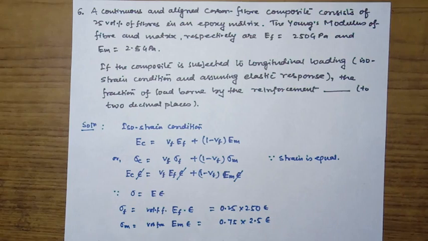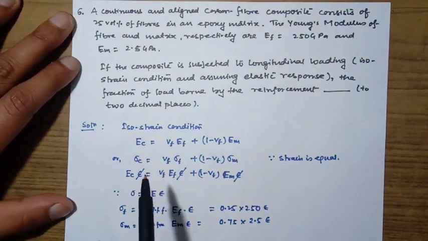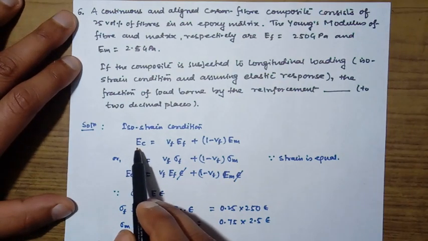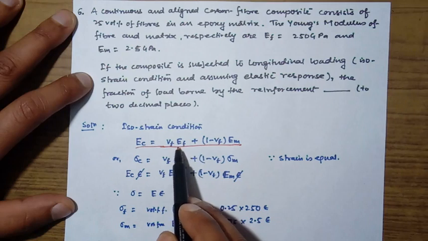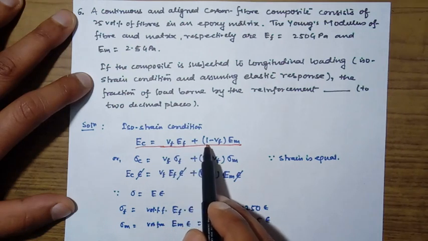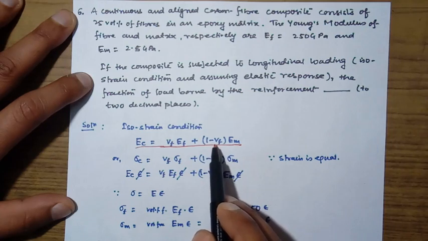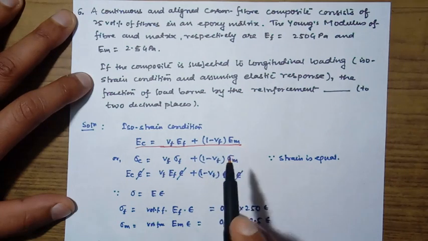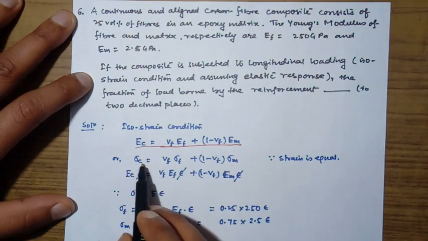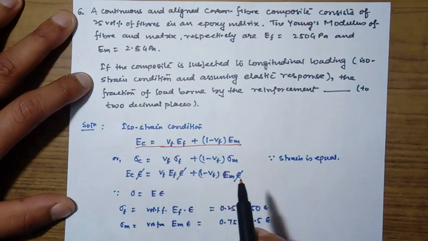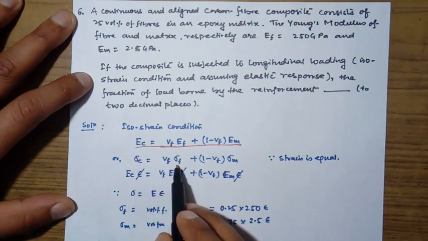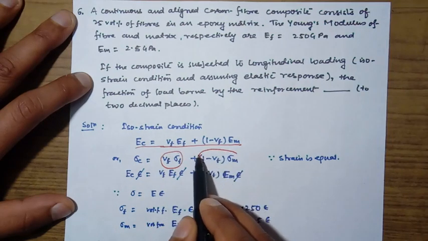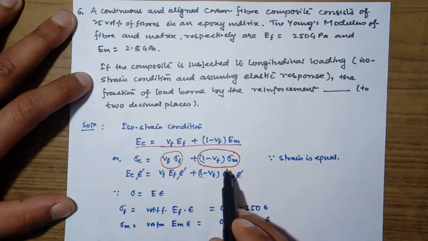In isostrain condition, the elastic constant of the composite is given as the volume fraction of fiber into the elastic modulus of fiber plus 1 minus Vf, that is the volume fraction of the matrix, into the elastic modulus of the matrix. Since isostrain condition is there, the sigma of the composite will have a fractional part which is borne by the fiber, and some fraction will be borne by the matrix. So this is just for explanation purpose.